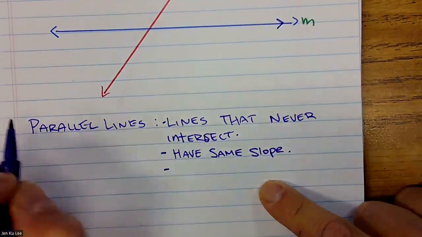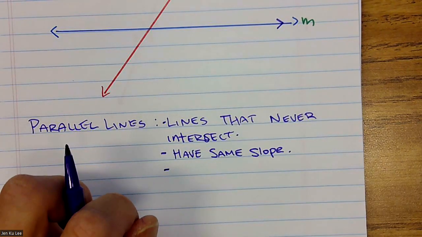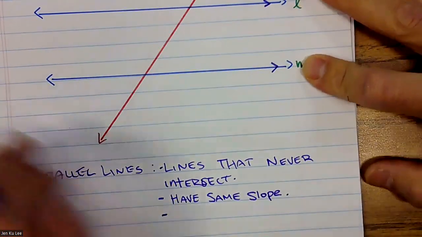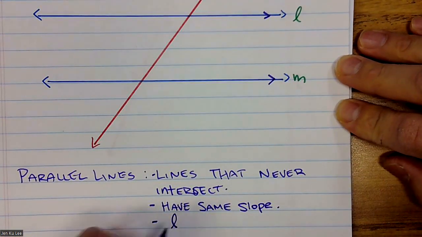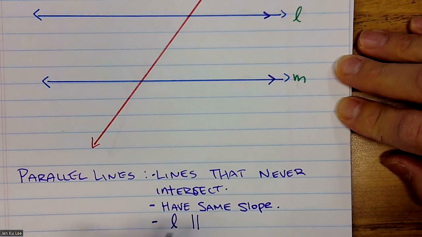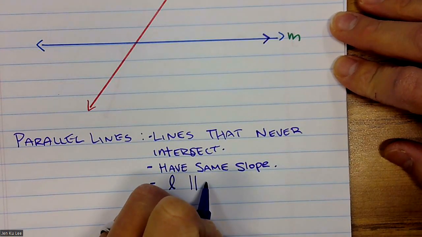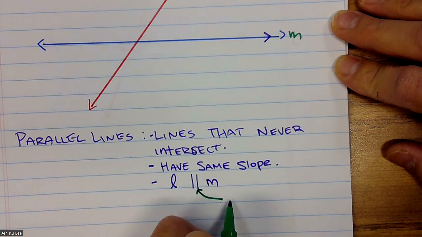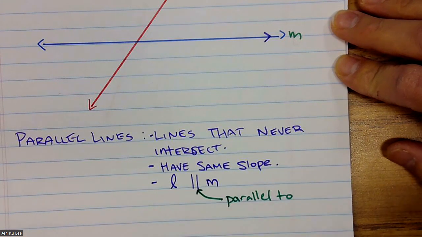And how we write that out, if I wanted to say line L and line M are parallel, I'm going to have to say line L is parallel, like an 11 or two straight lines going up and down, to line M. So this symbol here means that they are parallel to.